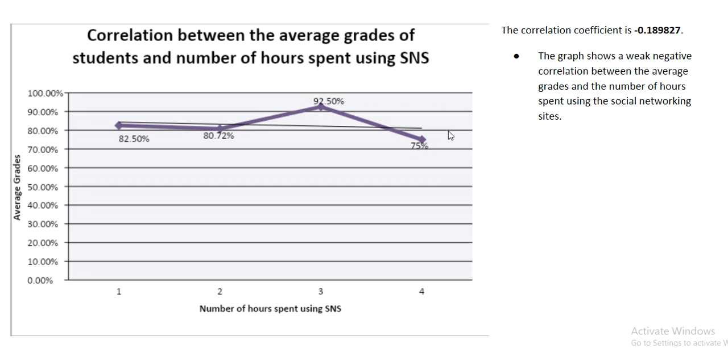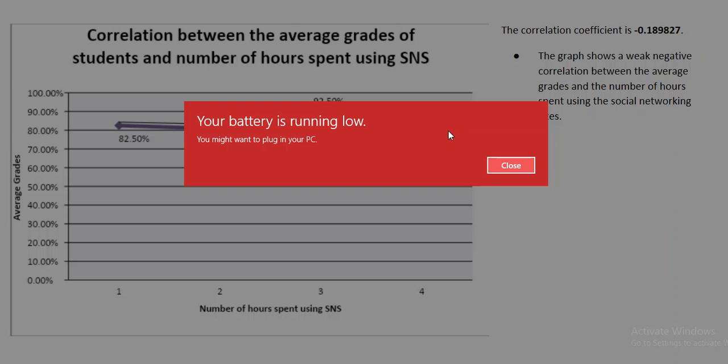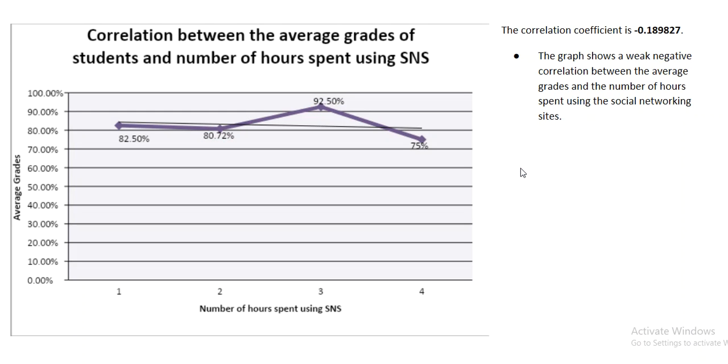The correlation between the average grades of students overall and the number of hours spent using social networking sites is negative 0.189827. This graph shows a weak negative correlation between the average grades and the number of hours spent using the social networking sites.